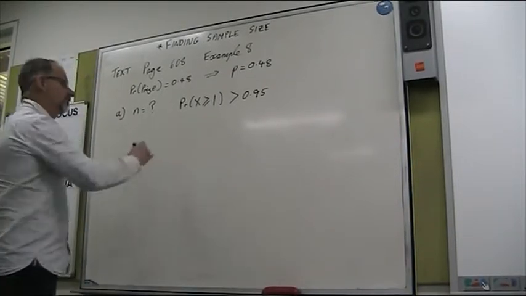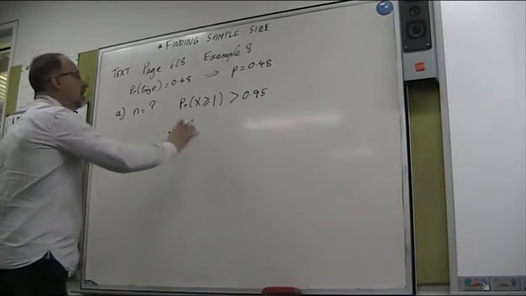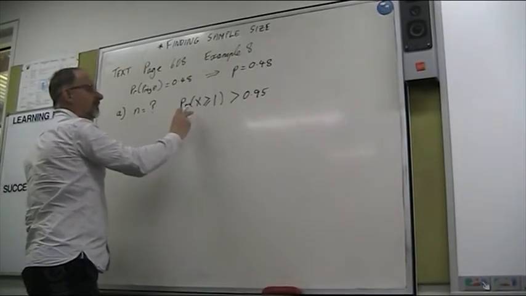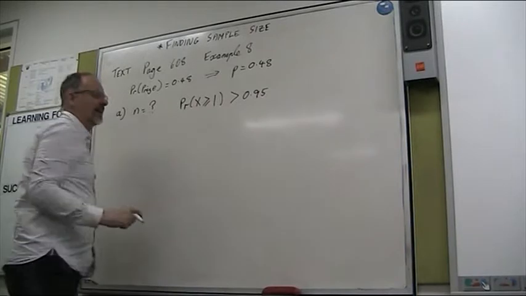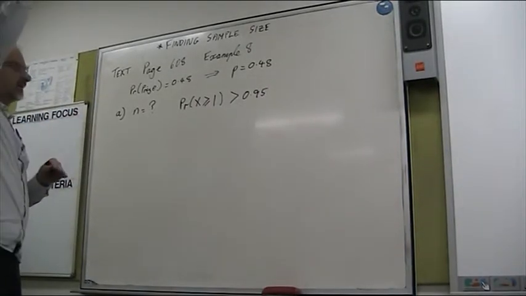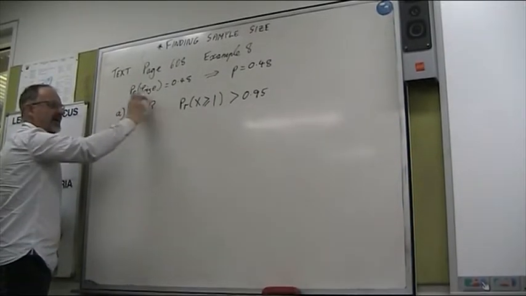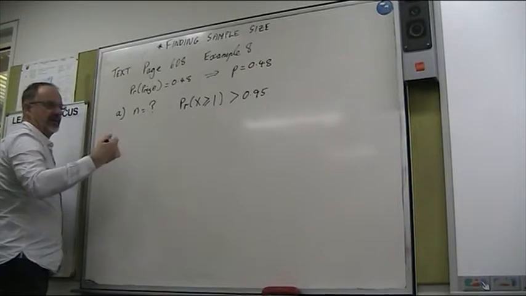All right. So let's have a look, work with this. So if this is the probability x greater than or equal to 1, now because we don't know where that upper limit is, we don't know how many games it is that we're going to play, we're not going to be able to use our calculator.